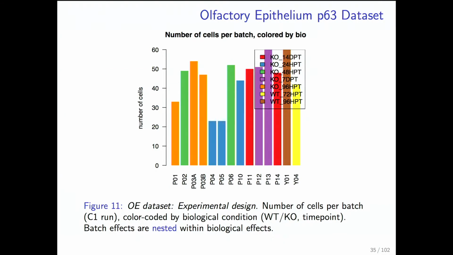So right away, we can see that there's an issue with the design, and that's the fact that batch effects, those are technical effects, unwanted effects, are nested within the biological effects of interest. So here within this orange condition, we have 3 batches. So this is something we'll have to be aware of when we continue the analysis.